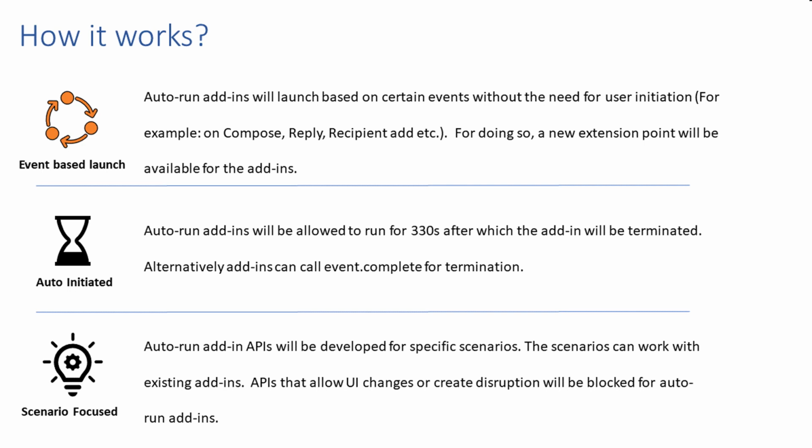So one thing that we're trying to optimize is that if you have multiple add-ins potentially running on these events, we want to avoid some instability in the experience of the product. We want to optimize how we do memory and stuff like that. So basically, it's going to be running a little bit after the event, and then you can also drive the termination of the Autorun. We're going to be providing an API so that you can just complete it and then save resources.